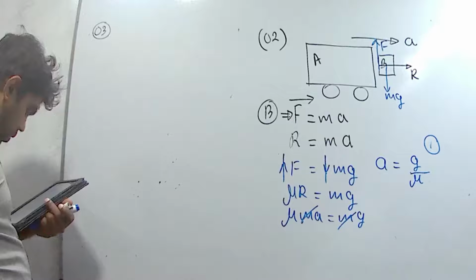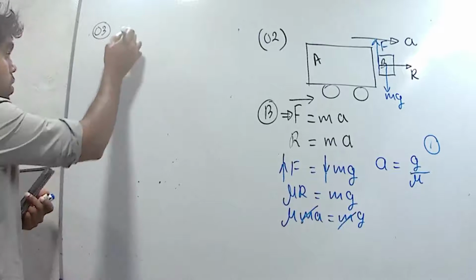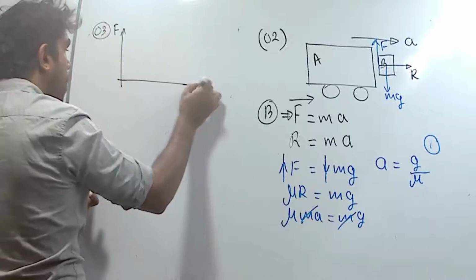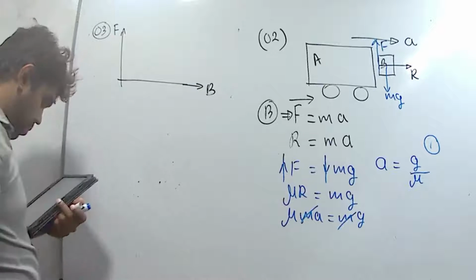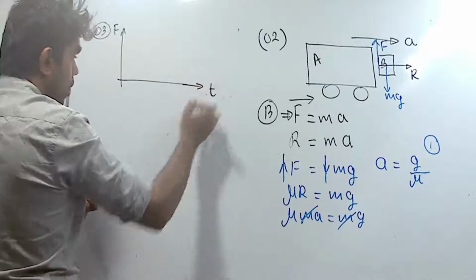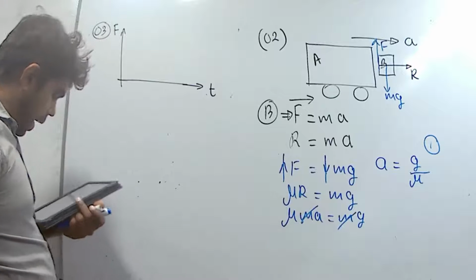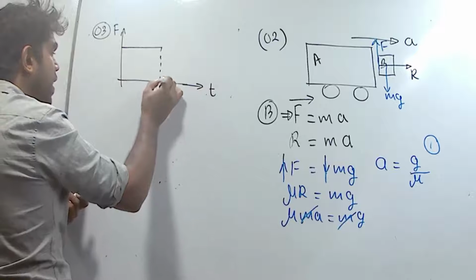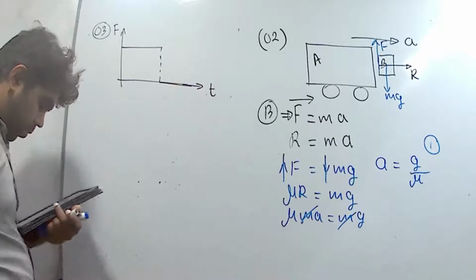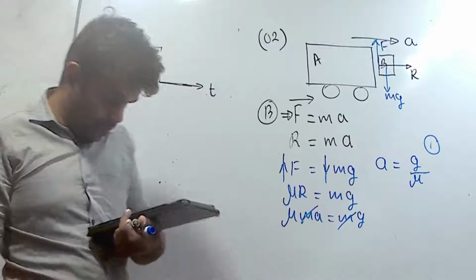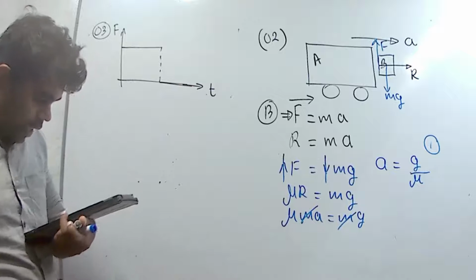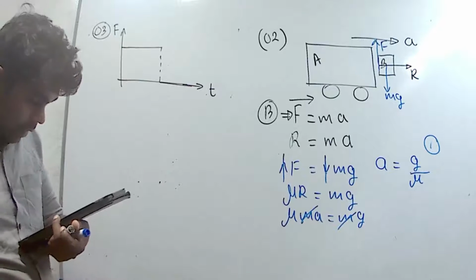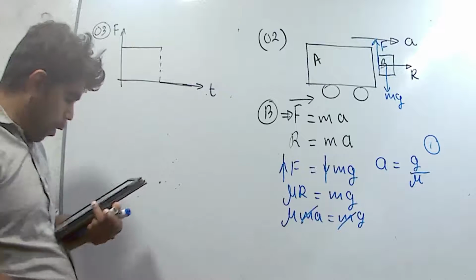Therefore, there should be a frictional force on the box, and it should be 0 after getting the corresponding velocity, after getting the velocity of the belt. Then the answer should be 4 for question number 3.